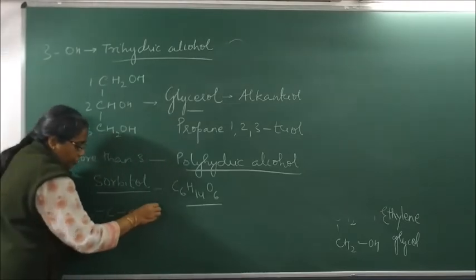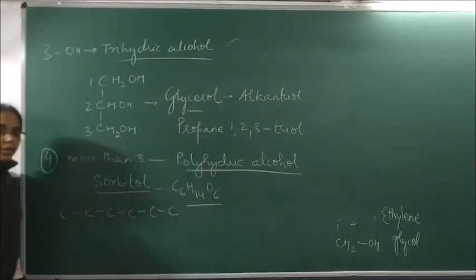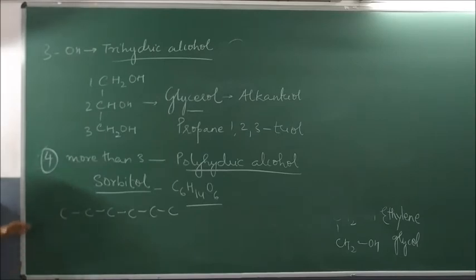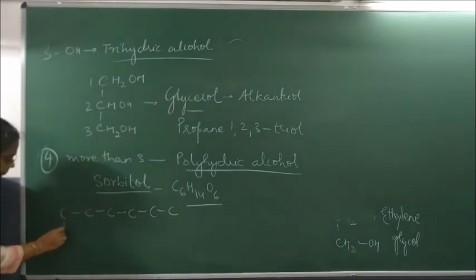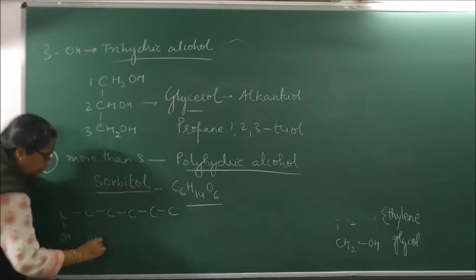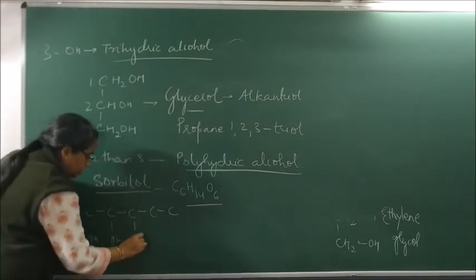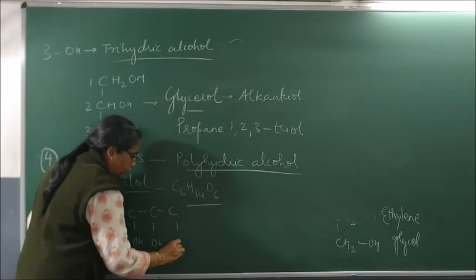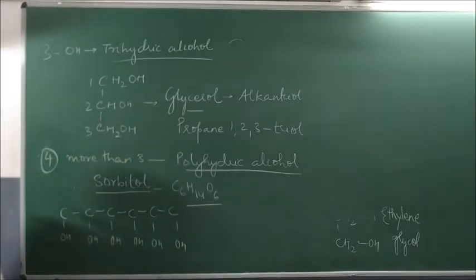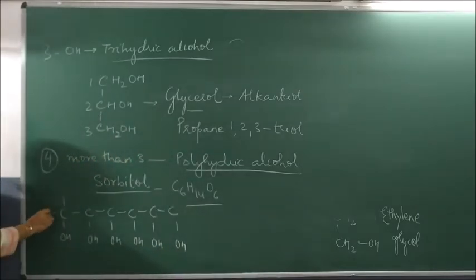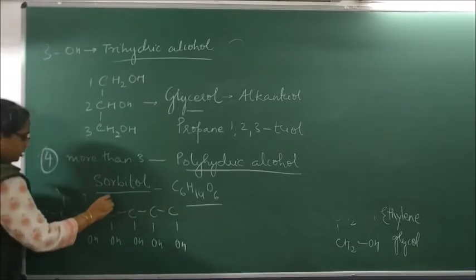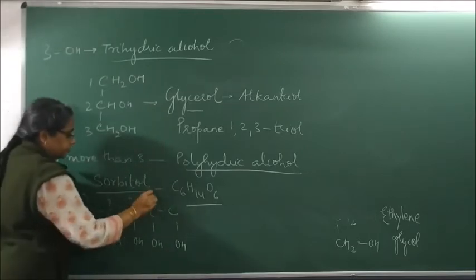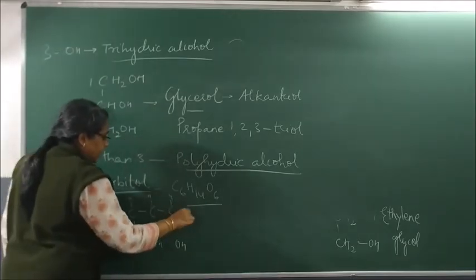So let us write carbons 1, 2, 3, 4, 5, 6. What have we studied till now? That each carbon should have its own OH group. So we will write OH, OH, OH, OH, OH and OH. Correct? And everywhere satisfy it with hydrogen atoms.